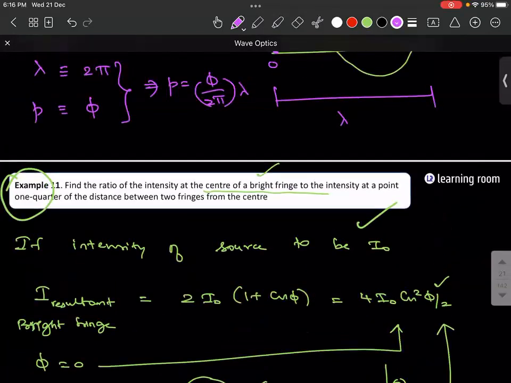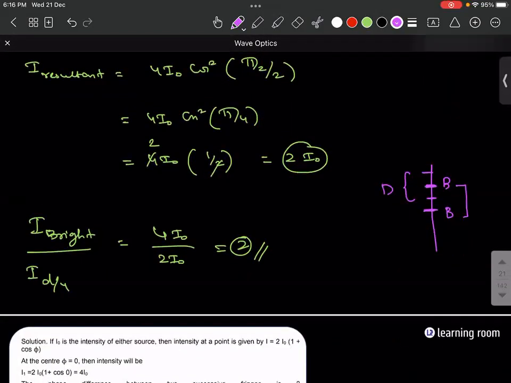Lambda d by d. That is fringe width, which comes in Young's double slit experiment. I'm asking about the path difference. It will be lambda by 2. Yes, sir, I'm talking about the path difference.